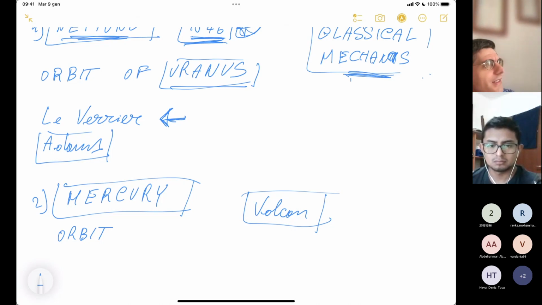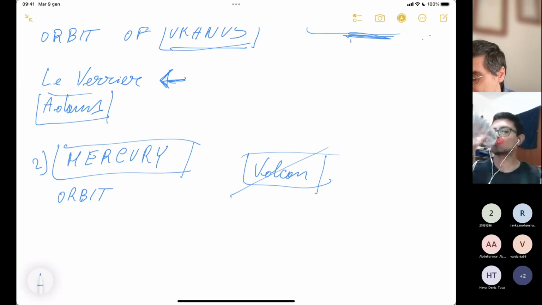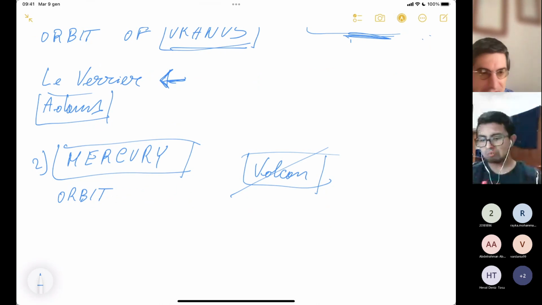By the way, the International Astronomical Union reserved this name, Vulcan, for the hypothetical planet that could be between Mercury and the Sun. But this is not the case, even though the name is reserved for a planet that isn't there.